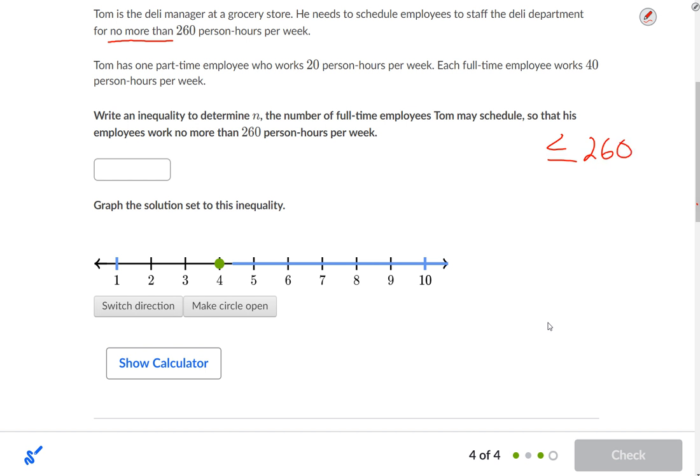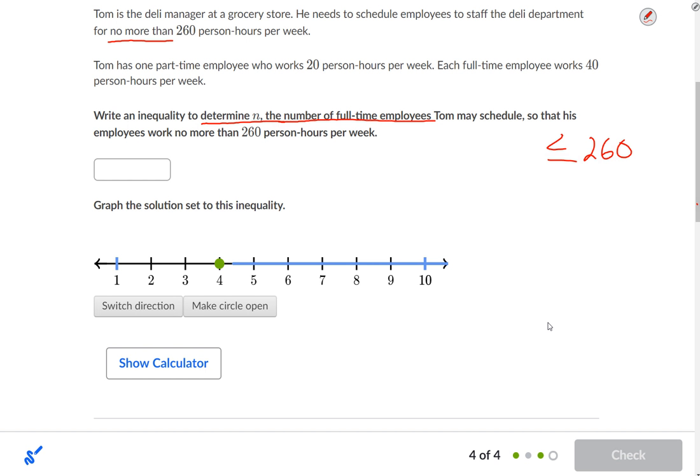But let's read. They've again defined the variable. They want n to be the number of full-time employees, and we want to know how many he could schedule. So Tom has one part-time employee who works 20 person hours per week, and then each full-time employee works 40 hours per week.